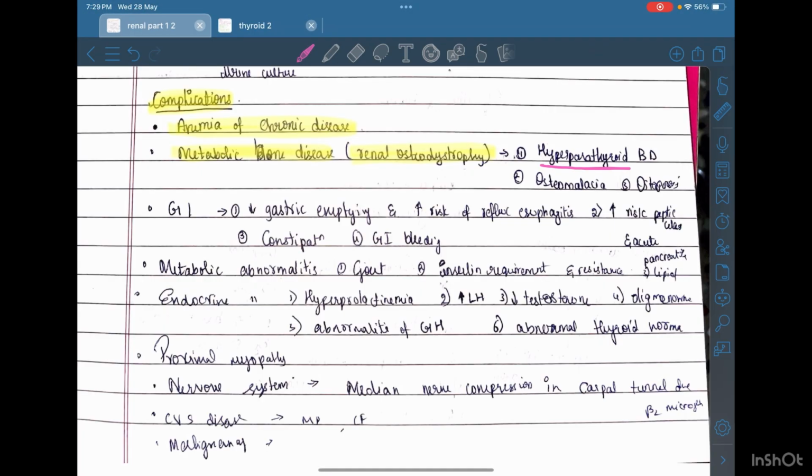It includes hyperparathyroid bone disease, also known as osteitis fibrosa cystica, osteomalacia and osteoporosis.